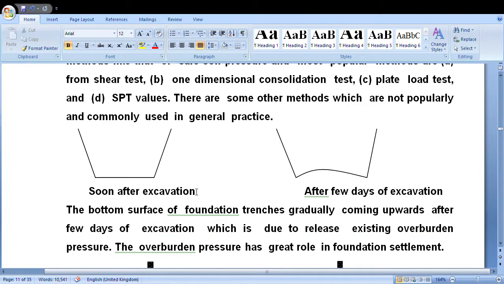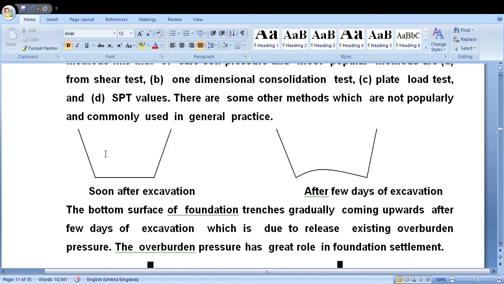When we make some pit, since I was associated with many construction projects in our northeastern region, the duties of geotechnical engineers and geotechnical consultants are not only limited to submitting the investigation and the design parameters, but basically we have to look after the project during the construction period of the foundations, during excavation of foundation trenches, and we have to tackle all the problems during excavation and construction of foundations.